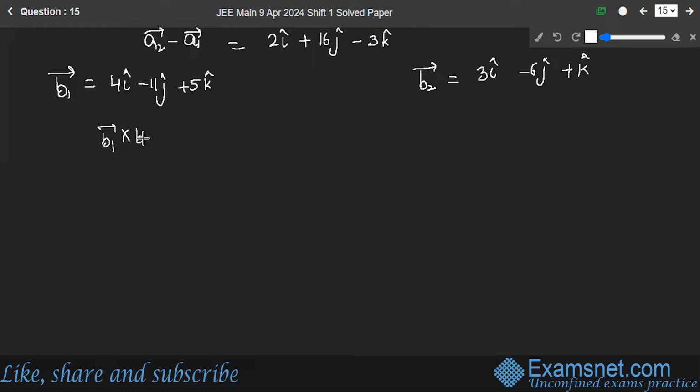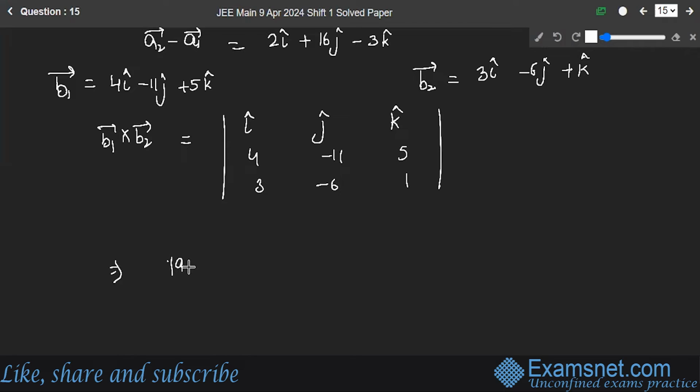Yes, this is the determinant of i, j, k, 4, minus 11, 5, 3, minus 6 and 1. On solving, it will give you minus 11 and plus 30. This is 19i, 11j and 9k.